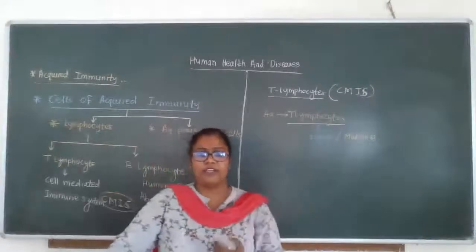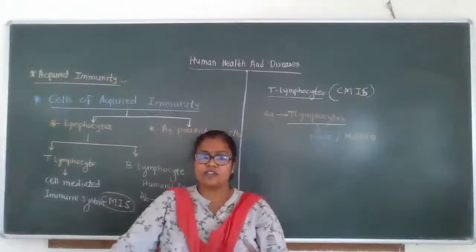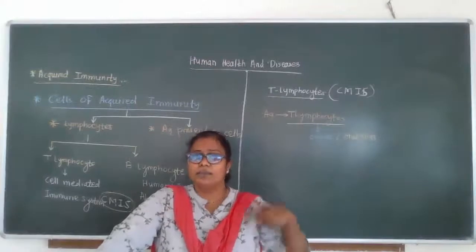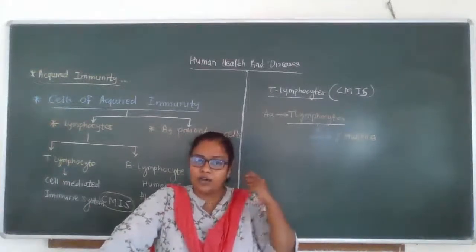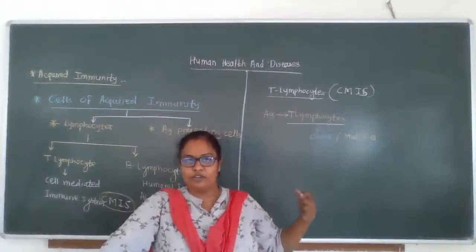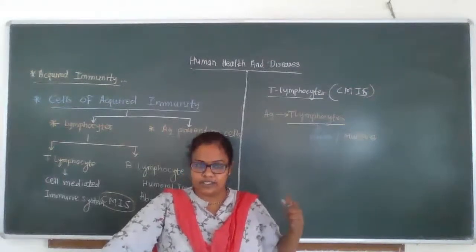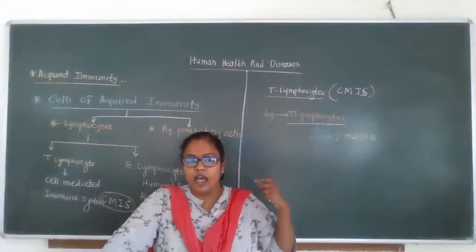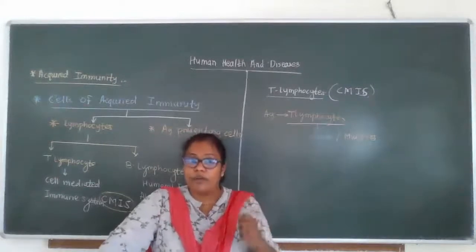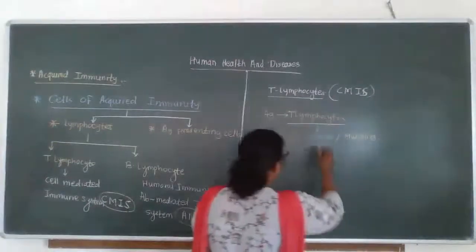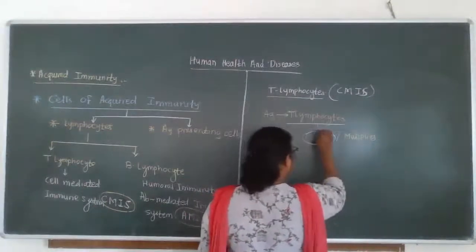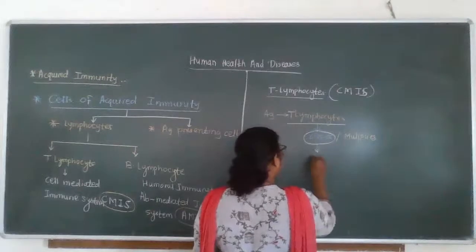As the antigen invades our body, our T lymphocytes get sensitized and they multiply. They form their multiple copies. So now we have a number of clone lymphocytes, but these clones, though the same, perform different functions.